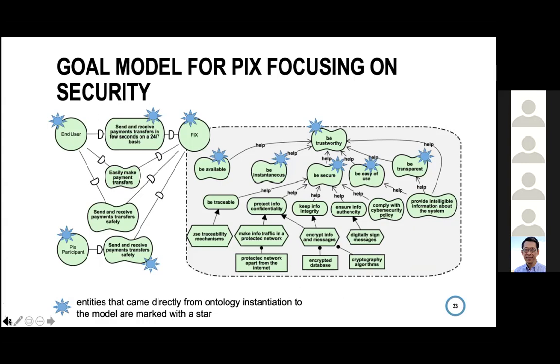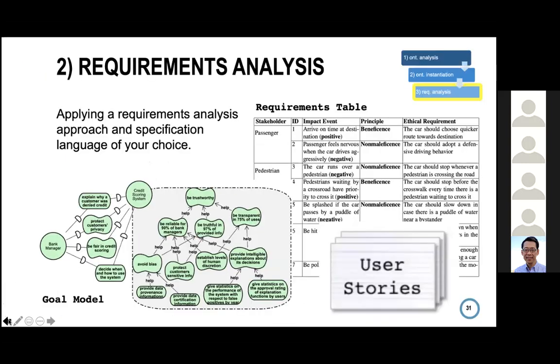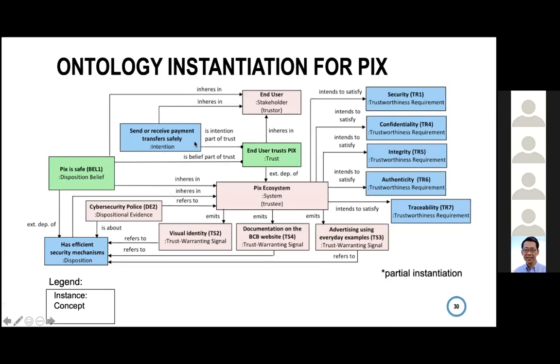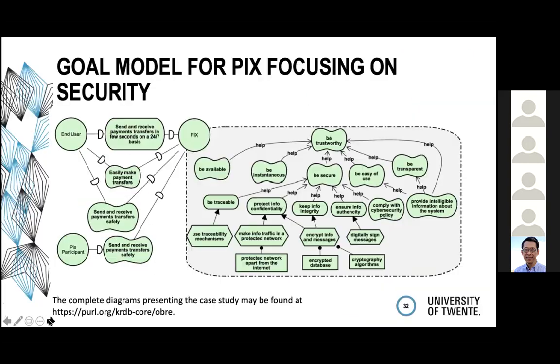Exactly. So you can see in the ontology model here, like send or receive payment transfer safely. This is an intention here, right? And it connects to this goal here, send and receive payment transfers in few seconds on a 24/7 basis. So you can go from the instance of the ontology to the goal model that you have now.